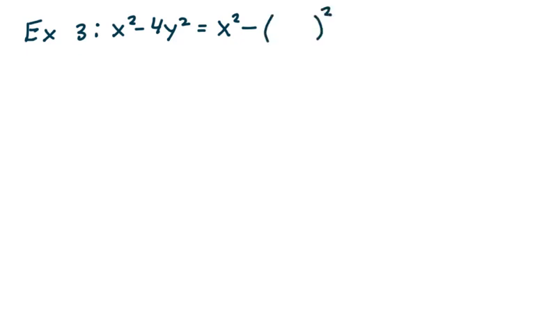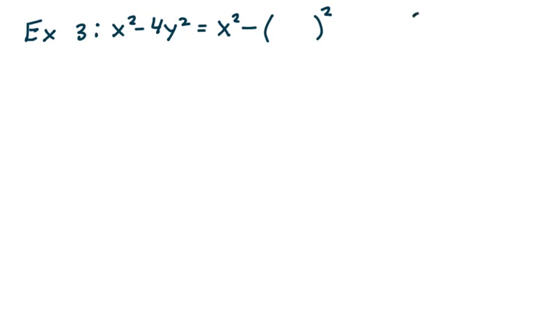Let's take a look at example 3. Suppose we had x squared minus 4y squared. So this can be written as x squared minus... Now the question is, what raised to the second gives me 4y squared?